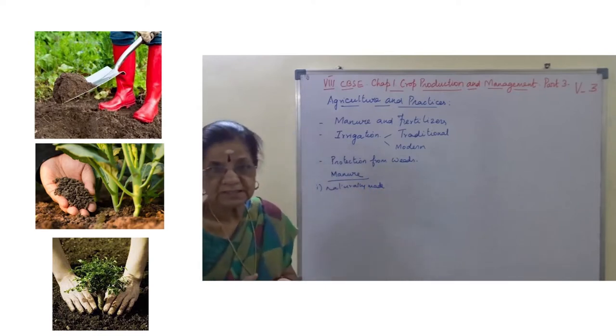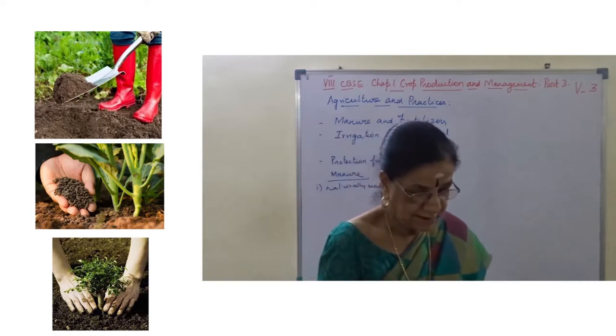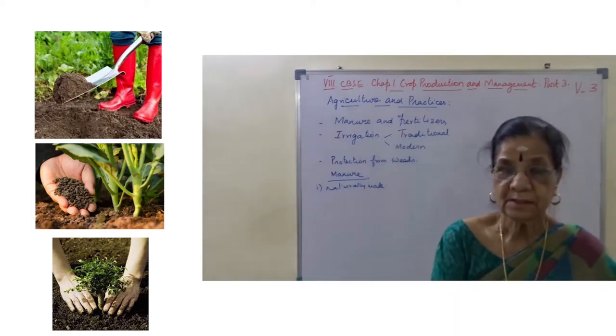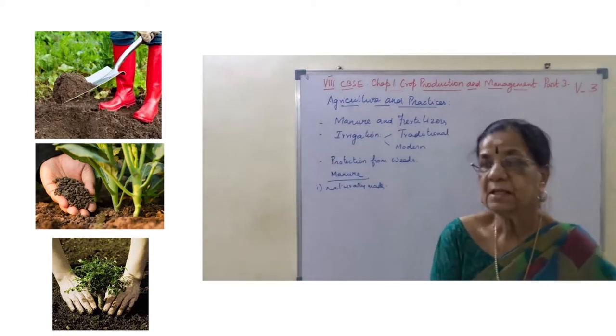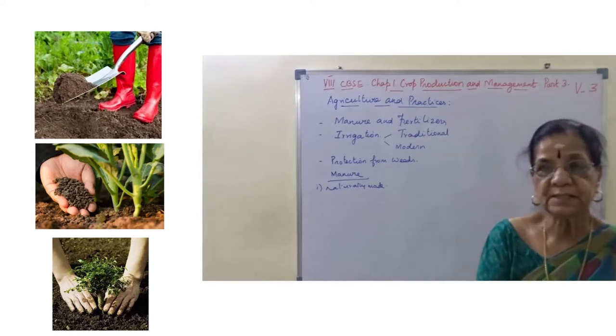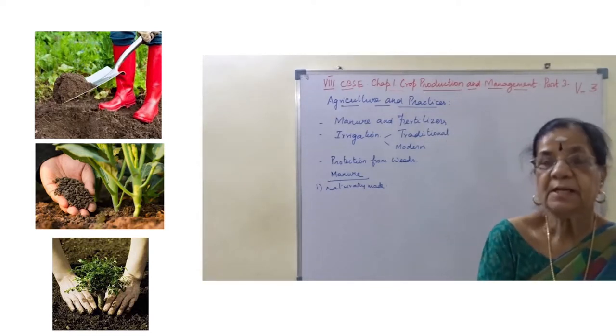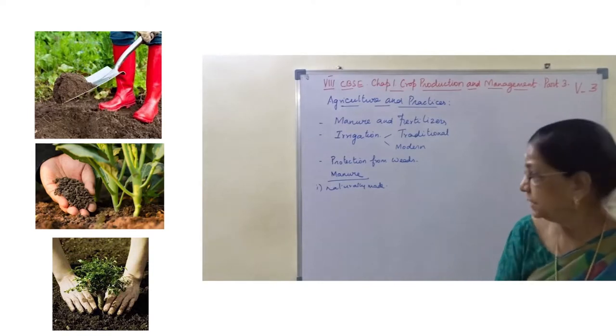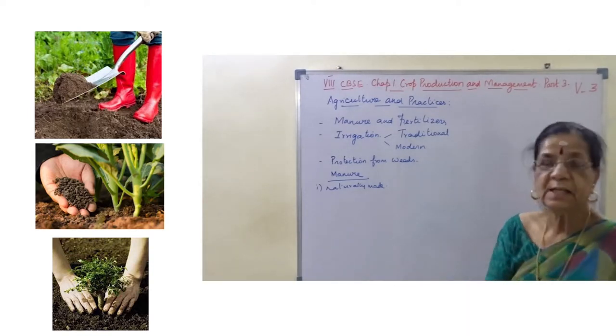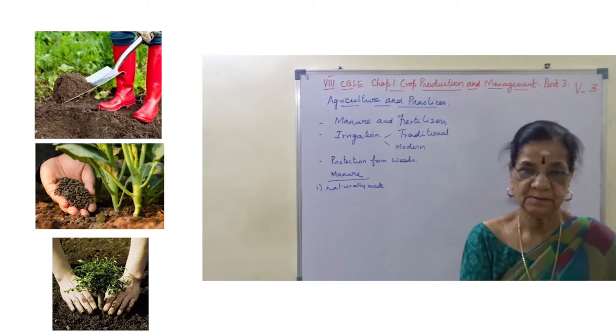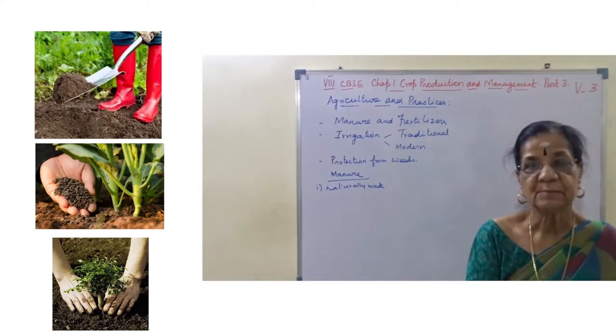All the waste, dried leaves and dried remains of plants and animals, when they are dumped in a pit, will form naturally made manure.